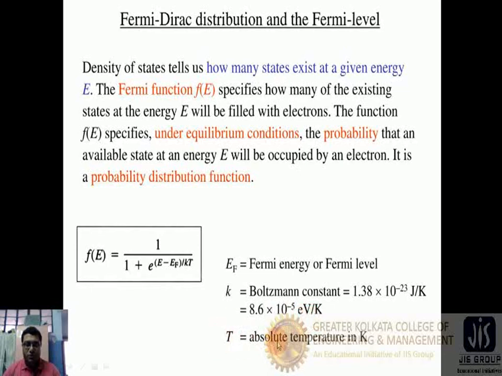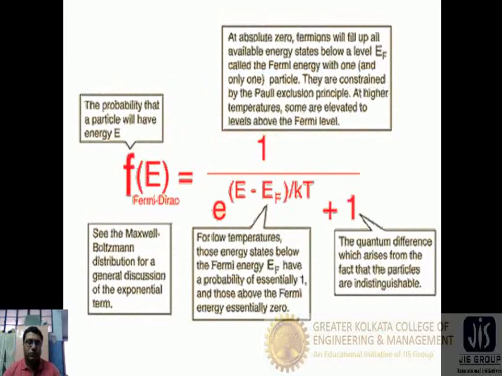T is the absolute temperature in Kelvin. The unit of temperature is Kelvin. So this is the important formula of the Fermi function, and with the help of this we'll do some mathematics.